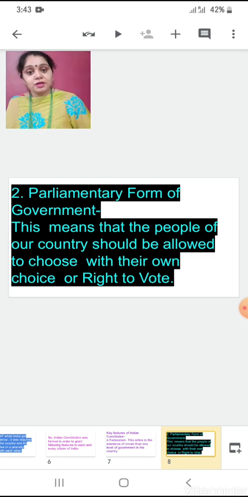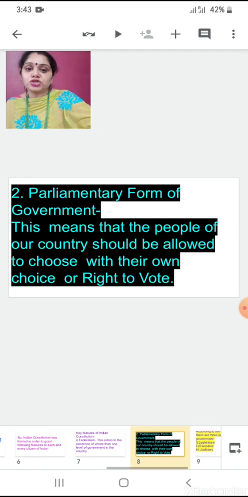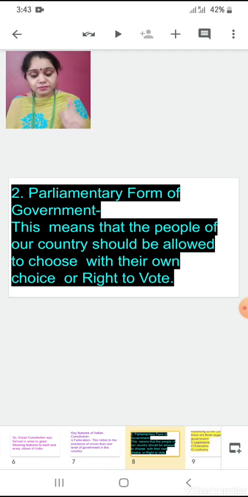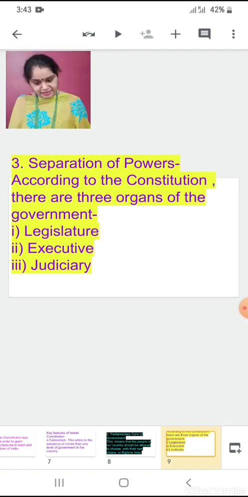When we talk about the next feature, the third feature is separation of powers. According to the Indian Constitution, there are three organs of the government, that is legislature, executive, and judiciary.